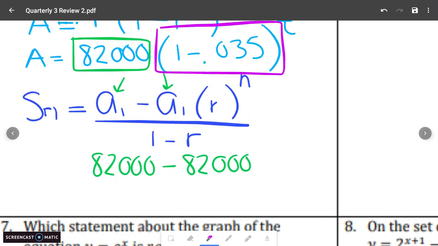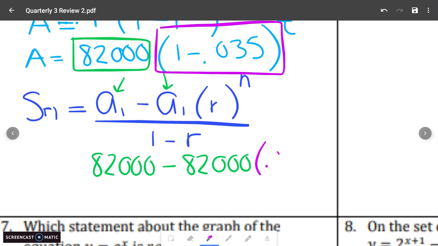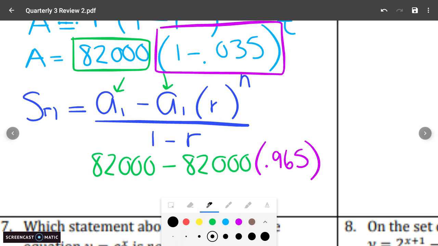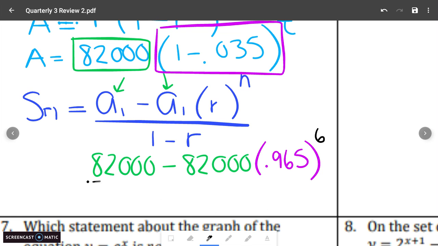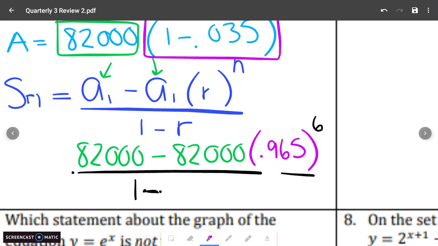So that 1 minus 0.035. Okay, and that's just the same. And then the time, we're doing it a total of 6 years. And then on the bottom, 1 minus that same rate of 0.965.